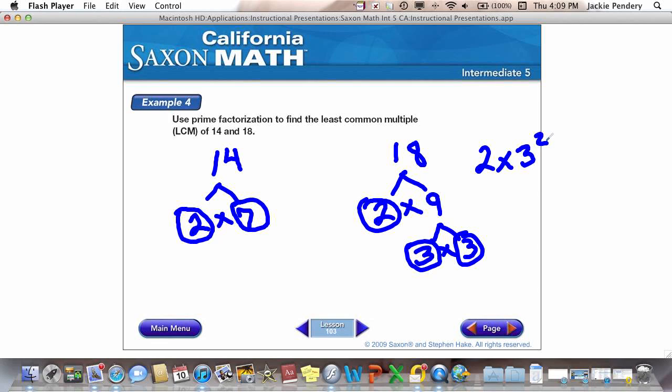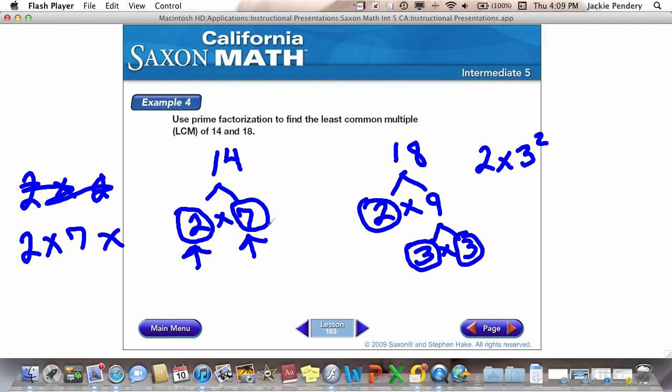So we're going to take the 2, because there's a 2 in both numbers. We're going to start with our 2, and then we're going to multiply times 7. Nope, scratch that. 2 times 7. So we've used this prime factor, this prime factor. This 2 is already accounted for because we have a 2 over here.